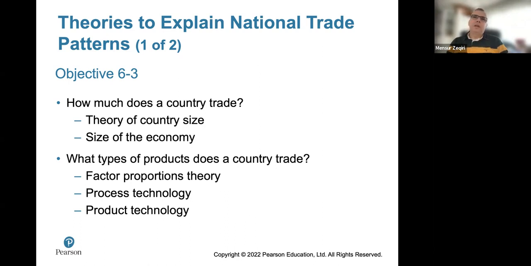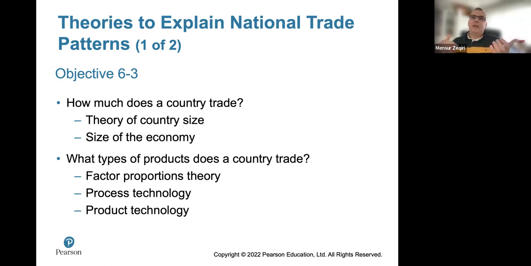And there is another theory that explains how much countries trade, and that's the size of the economy. On one side, land area, which we discussed here, does help explain the relative dependence on trade. We said that larger countries in terms of area are less dependent than smaller countries.